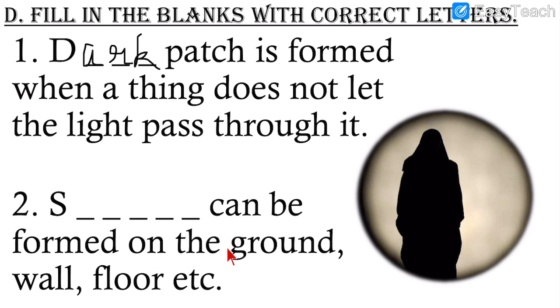Dash can be formed on the ground, wall or floor. Which thing is formed on the ground, on the wall or on the floor? Shadow is formed. See, this is the shadow. Let us write SHADOW.